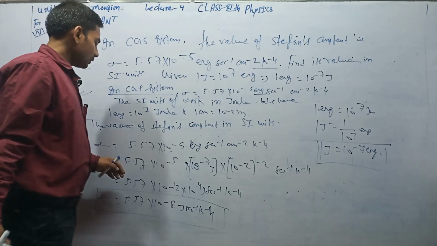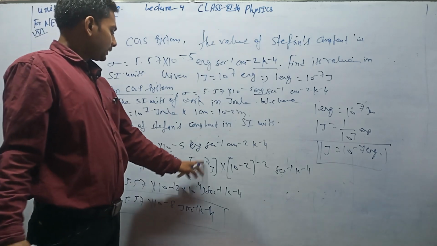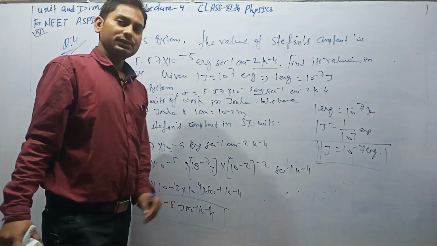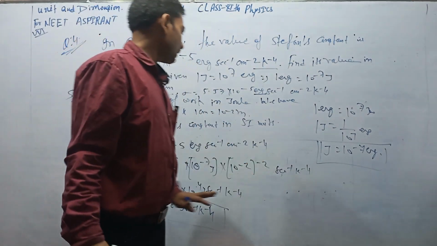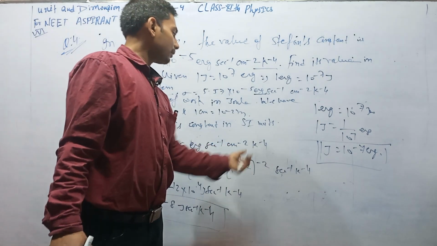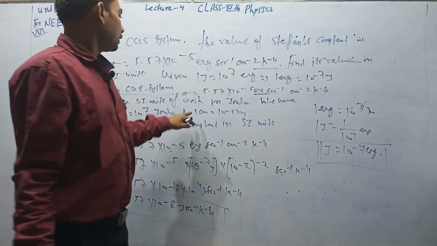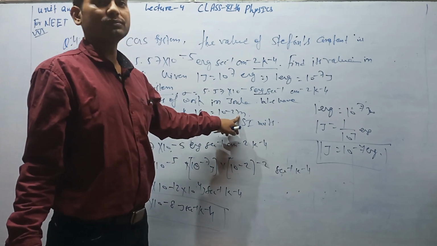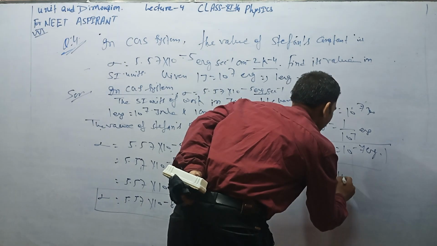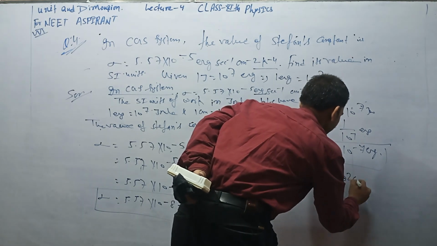I put 1 erg equals 10 to the minus 7 joule, and second inverse is the basic unit, and centimeter inverse to the power minus 2. Also 1 centimeter equals 10 to the minus 2 meter, since 1 meter equals 10 to the power 2 centimeter.